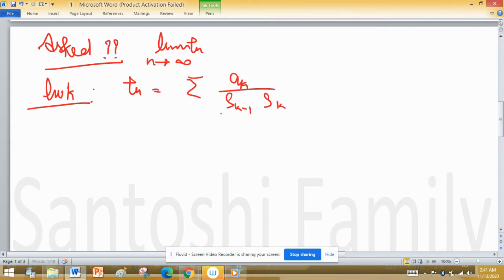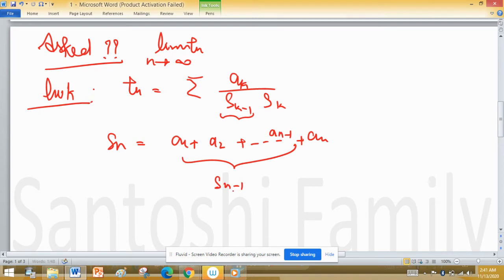If I replace this Sn as a sum of terms of the sequence, Sn equals a1 plus a2 plus up to an, and the second last term will be an minus 1, and this sum can be represented by Sn minus 1 plus an.